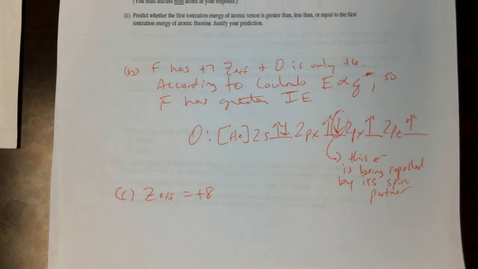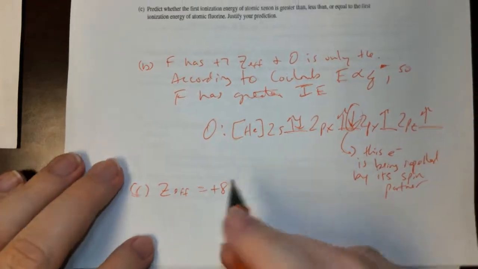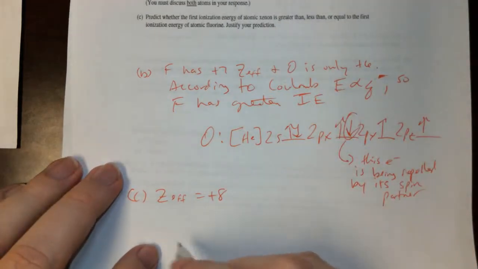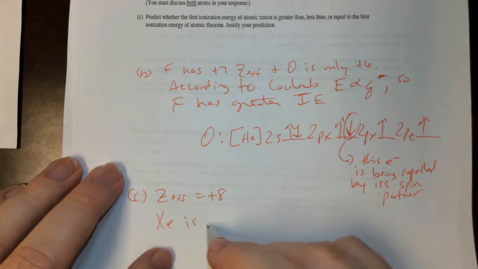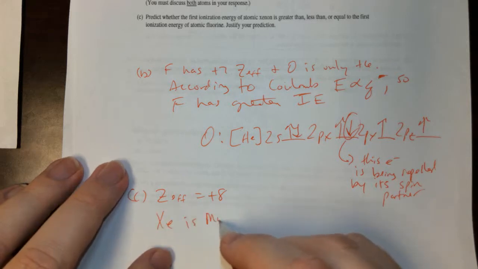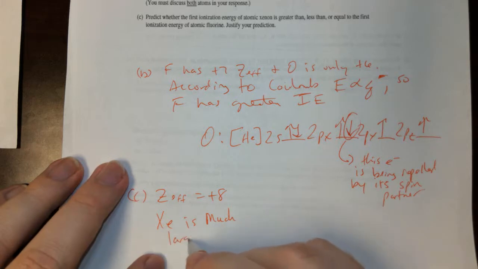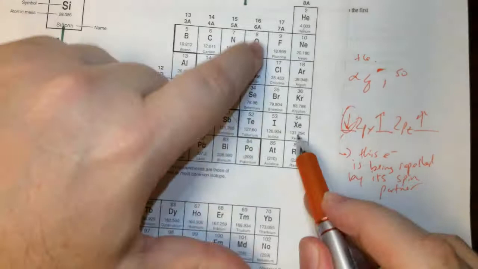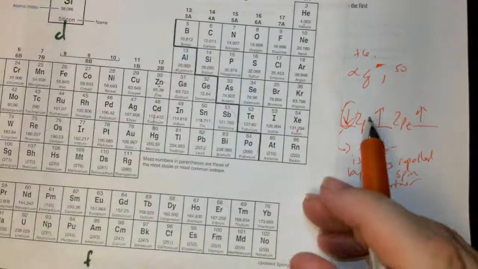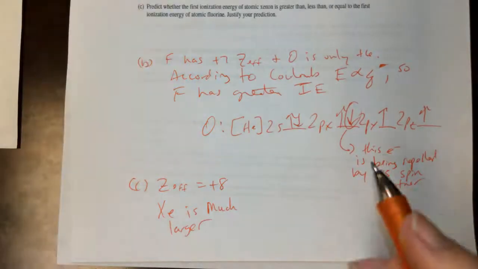So according to the trend, it should be a little higher. Okay? But on the periodic table, xenon is much larger. It's way down the periodic table compared to these two. So xenon is a large atom.